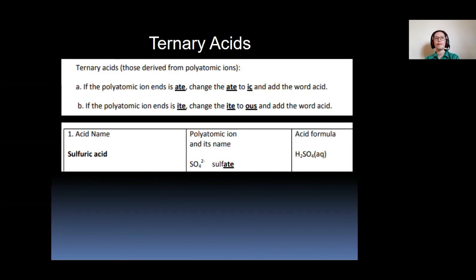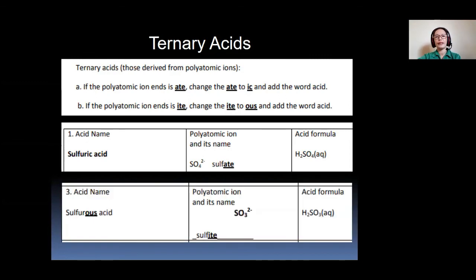Okay? Say for example, if you have sulfate, so for the polyatomic ion there, it's sulfate. So ATE, so it's sulfuric, and then add the word acid. If it ends in ITE, sulfite, it's sulfurous, OUS, and then add the word acid.